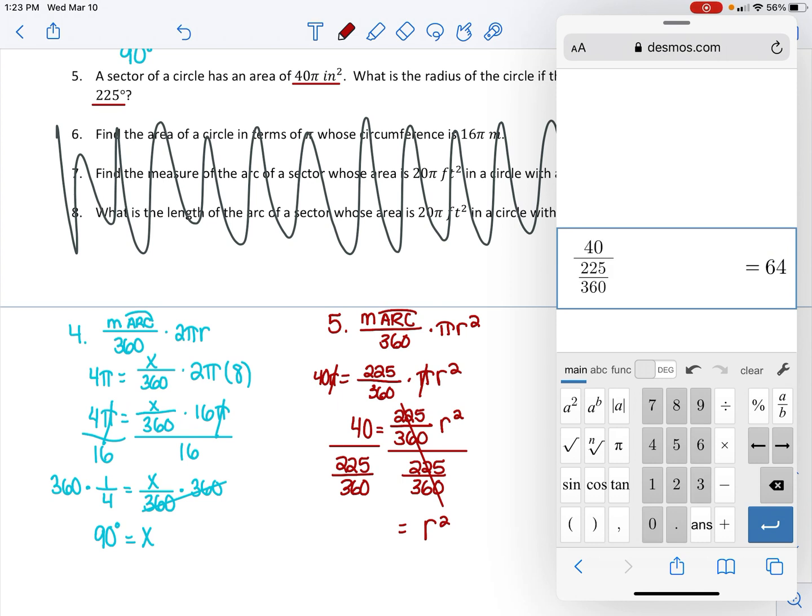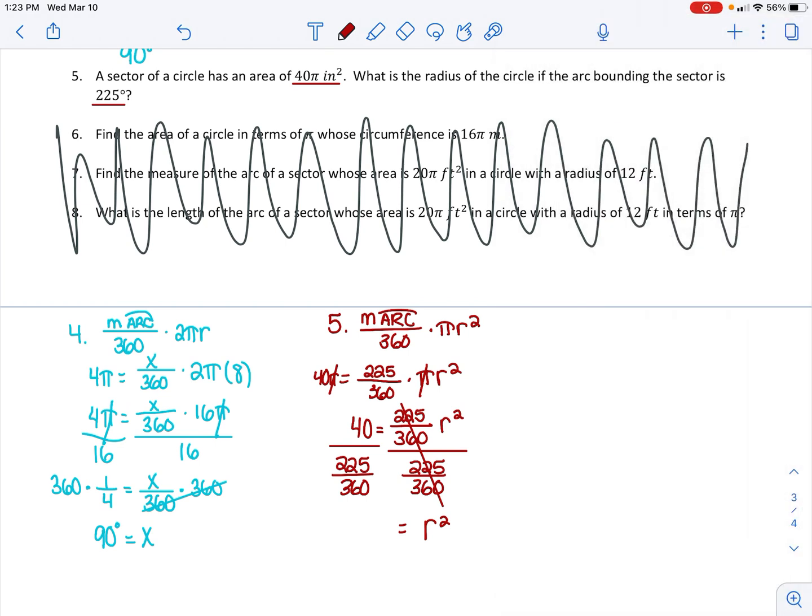And that gives me 64. From there, to get rid of a square, we need to take the square root on both sides. If we do that, we get 8 is equal to r. So our radius here is equal to 8.